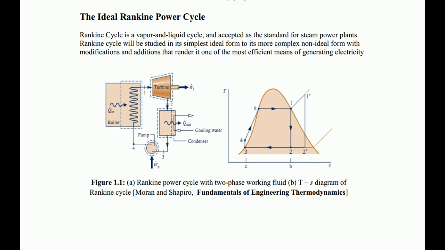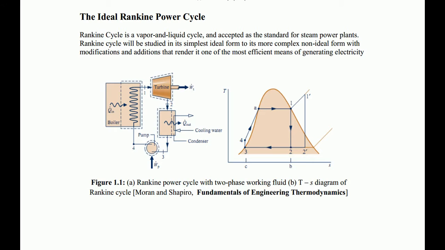So, Rankine cycle is a vapor and liquid cycle and accepted as the standard for steam power plants. Rankine cycle will be studied in its simplest ideal form to its more complex non-ideal form with modifications and additions that render it one of the most efficient means of generating electricity.